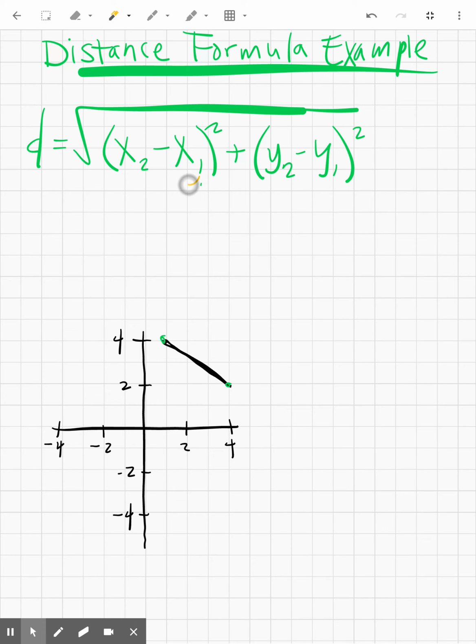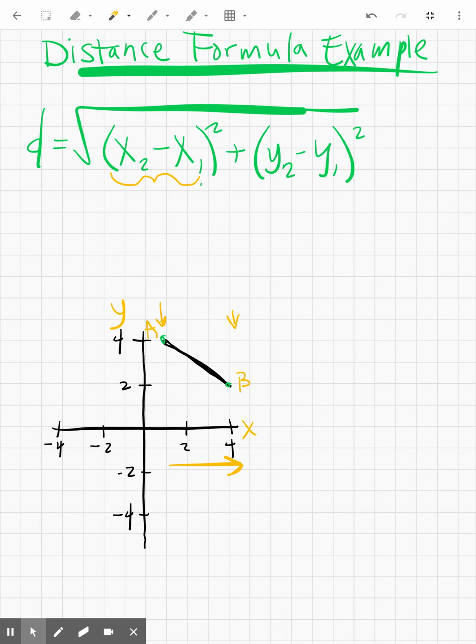Essentially what this is saying is we want to know the change in x, so how far over, how many units over are we going from this point to this point. Remember this is the x-axis, this is the y-axis, so how many units over are we going from point A, we'll call this point A, to point B.